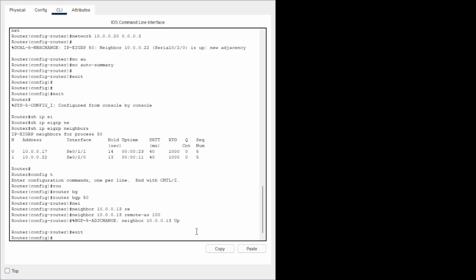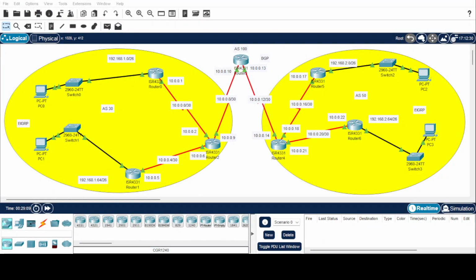But here now, let me bring back to the main screen. Here we have configured the external routing protocol and the internal routing protocol, but these two are still unknown to each other.